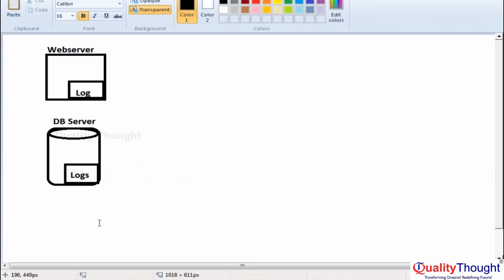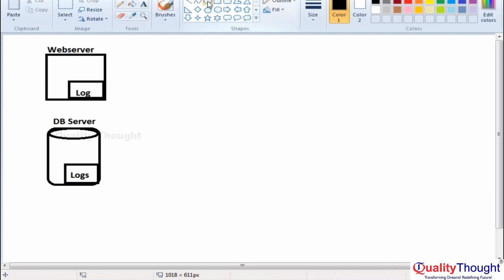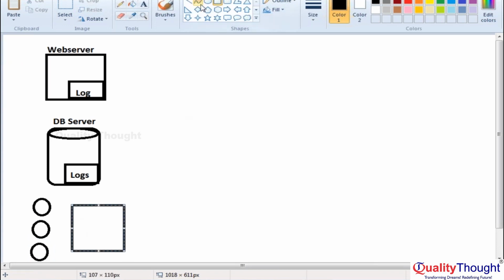And we have different GPS systems or traffic cams, which write data into some log on some server. So all these streaming systems write data into some log location.